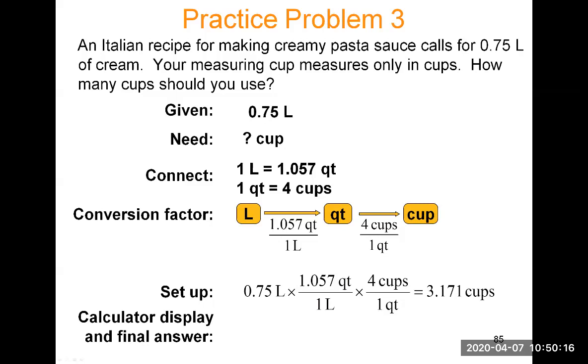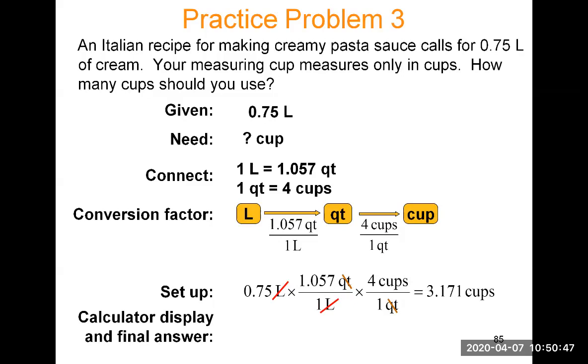You multiply by the first conversion factor with the quarts on top, the liters on the bottom, and multiply again by the second conversion factor with the cups on top and the quarts on the bottom. We verify that it's properly written by cancelling units. The liters cancel and the quarts cancel, and we're left with cups, which is what we want.